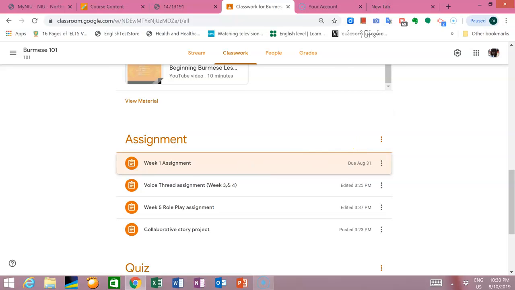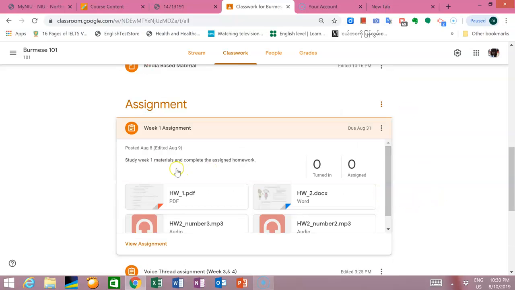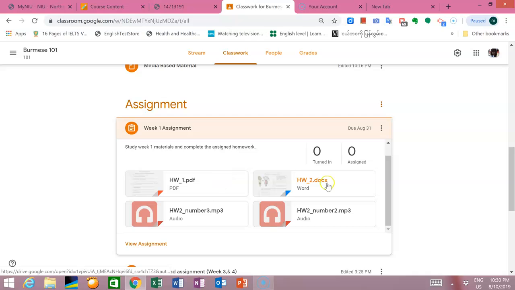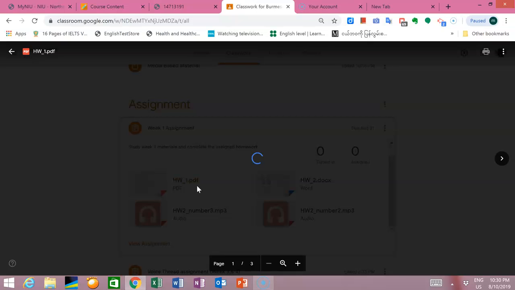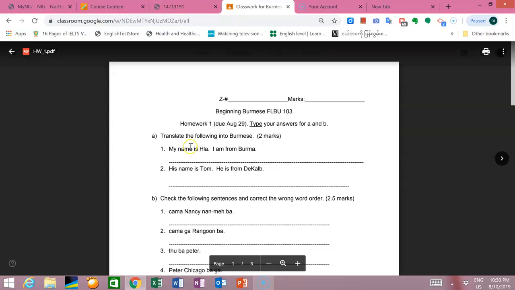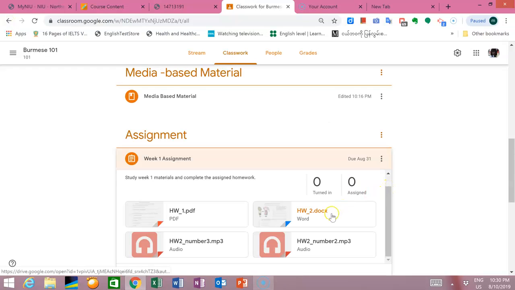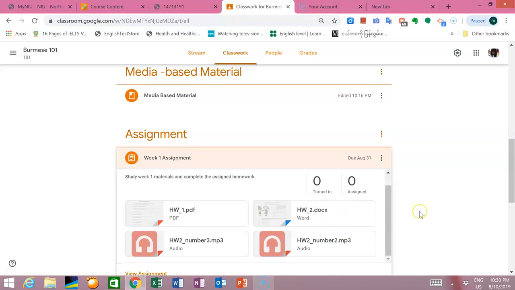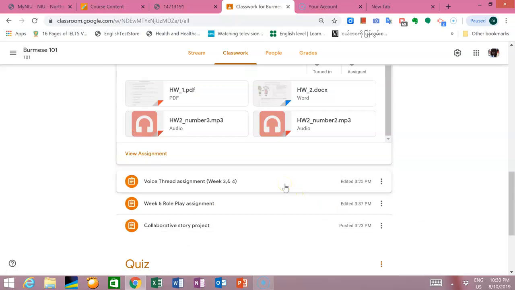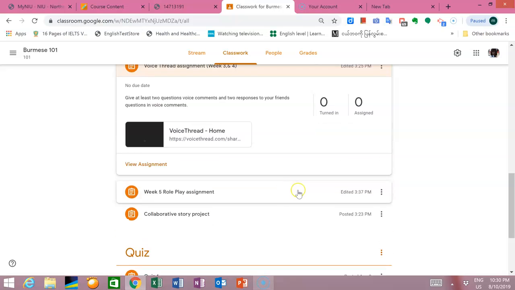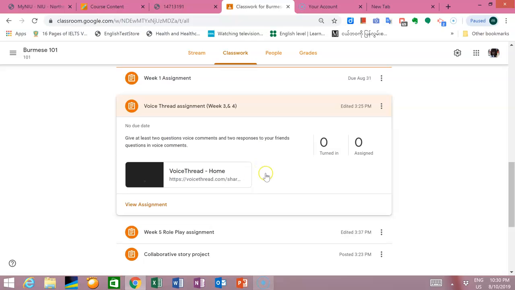Then we have assignments. If you click on that, for week 1, just like homework, they're required to do homework 1 and homework 2. Some are translation exercises, individual work, and some are listening exercises in homework 2. And for weeks 3 and 4, they have a voice thread.